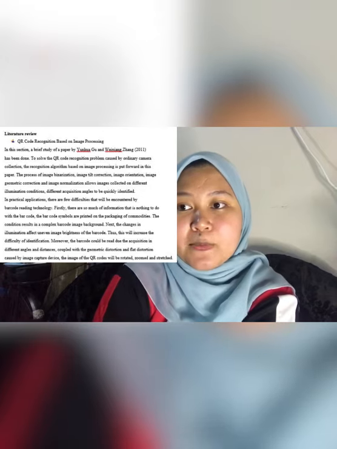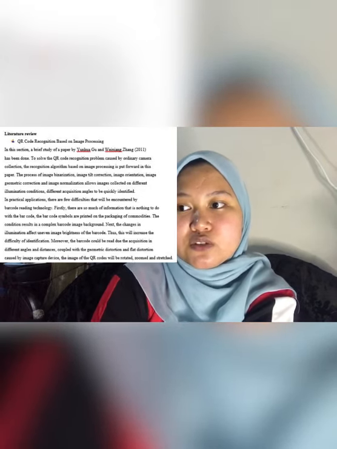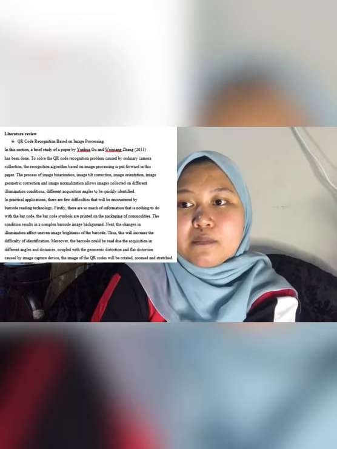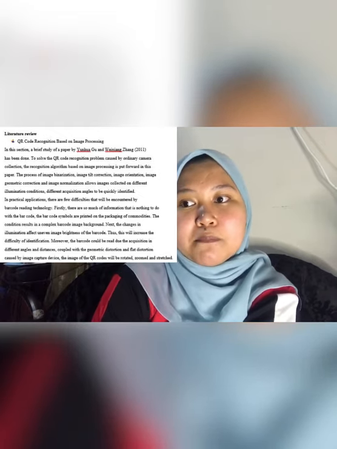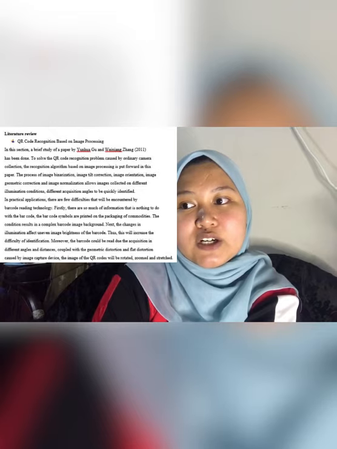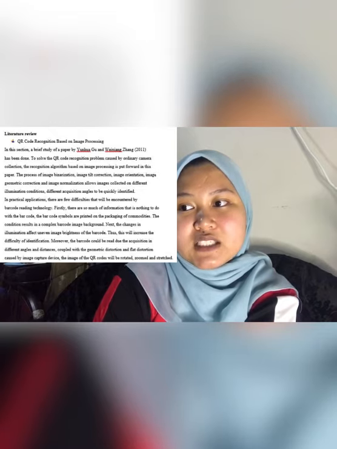In practical application, there are a few difficulties that will be encountered by barcode reading technology. Firstly, there is so much information that has nothing to do with the barcode. The barcode symbols are printed on the packaging of communication. This condition results in a complex barcode image background.